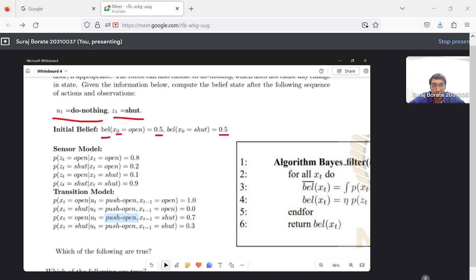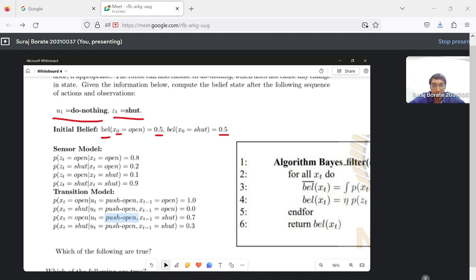Let's compare with the formula we have written. Belief bar of xt equal to open is equal to the integration of p of xt equal to open given ut equal to, here t equal to 1, right? So u1 is given as do nothing, and x0 is xt minus 1.